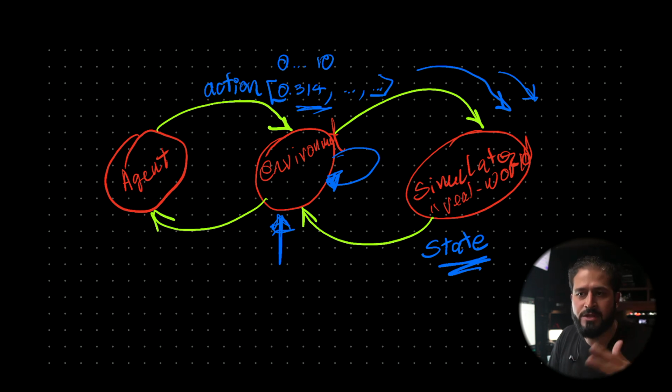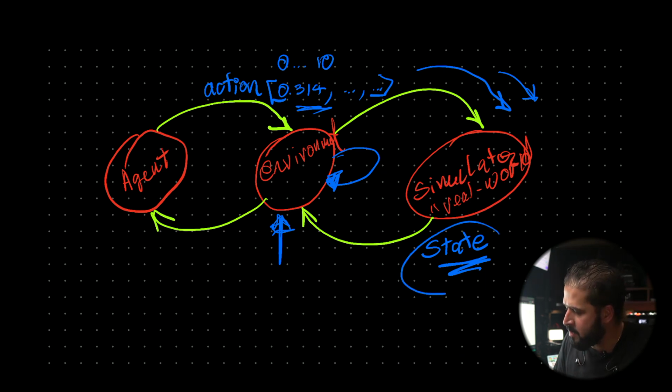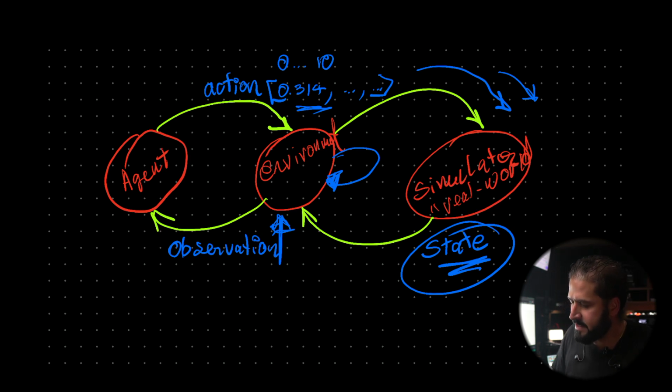Obviously, a simulation can have partially observable information, but most of the time what we get from the simulation is the state. Then the environment processes that state and returns to the agent an observation, which is a filtered version of the state or a processed version of the state, or it could be equal to the state.